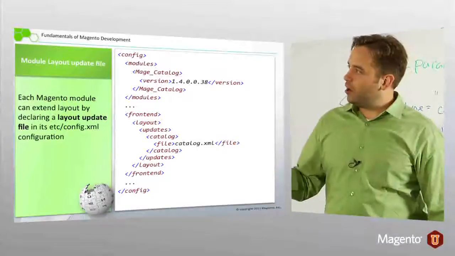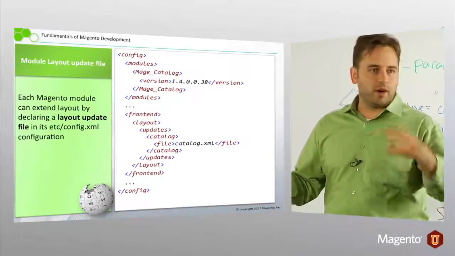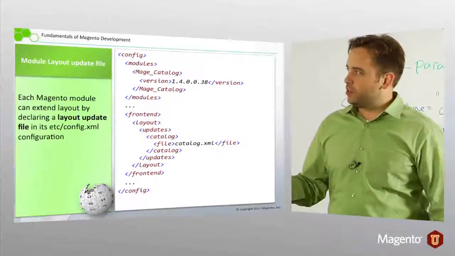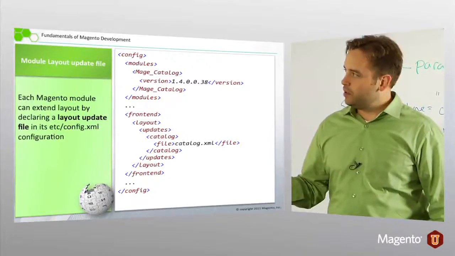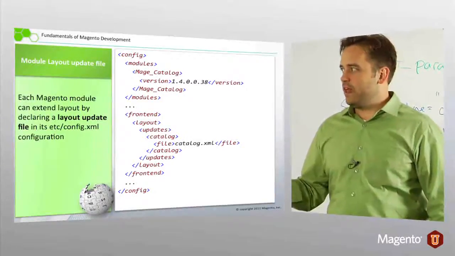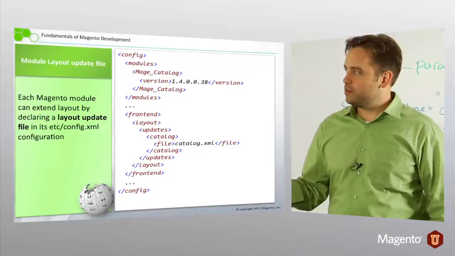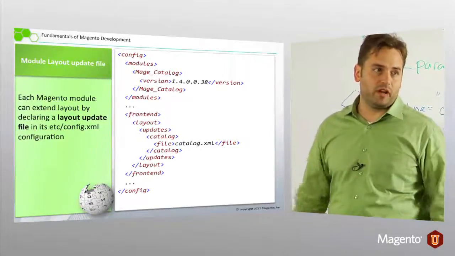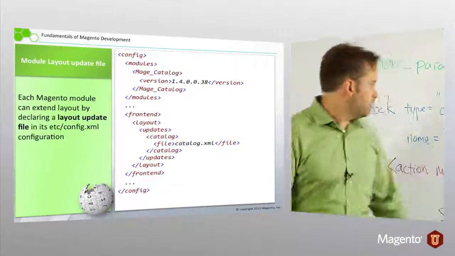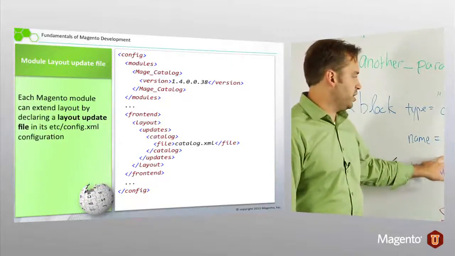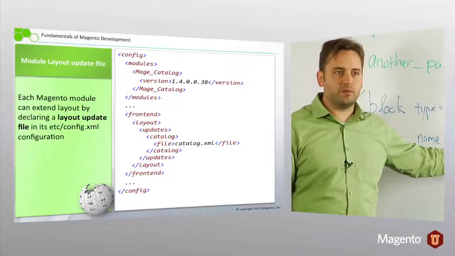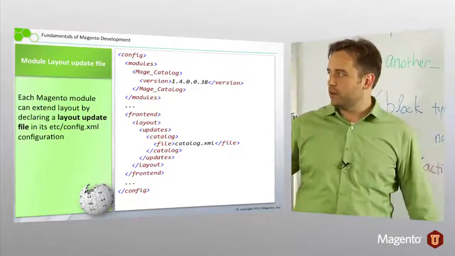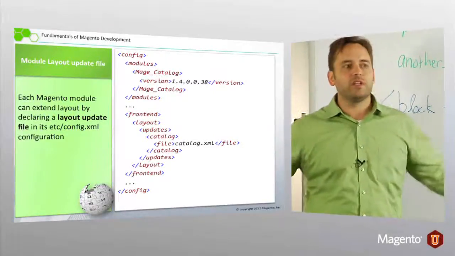In our config file, we simply, in the front end area or admin HTML area, declare layout updates, and then we just need a unique node here, and then a file node that specifies a path to our layout file. You know, kind of like if we were declaring a template here, and we would have a path to the template relative to the template folder. Here, it's a path to a file relative to the layout folder.